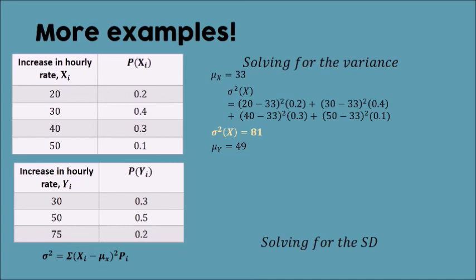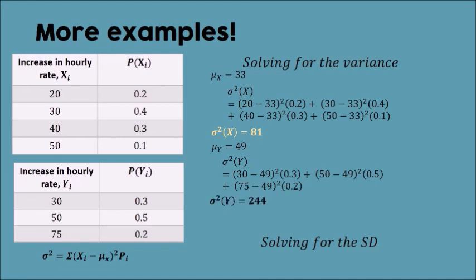Now let's move on to the second table. The mean is 49. Using this, substitute it along with the values in the second table to the variance formula. Sigma squared Y is equal to (30 minus 49) squared times 0.3 plus (50 minus 49) squared times 0.5 plus (75 minus 49) squared times 0.2.